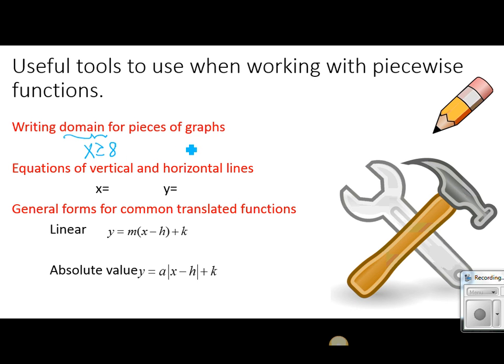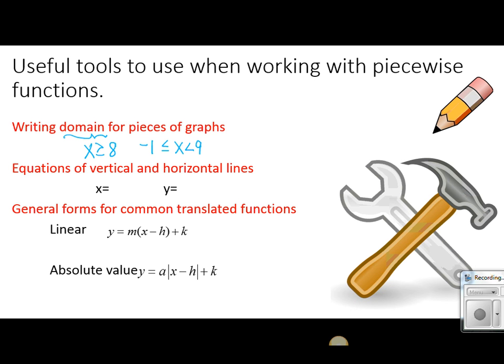Or you might have x is less than 9, but greater than or equal to -1. So that would be an interval of -1 with a bracket all the way to 9 with a parenthesis. We want to make sure that you understand interval notation, but we also have to be able to take our interval notation and make it into inequalities, because we need to use inequalities when we do piecewise functions.